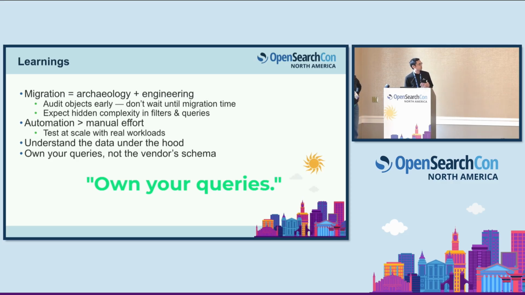So that means finding that hidden complexity in the filters and the queries, translating that into an automated tool, and testing at scale with hundreds and thousands of assets to get to the bottom of some of the bugs and edge cases like the one we just saw.